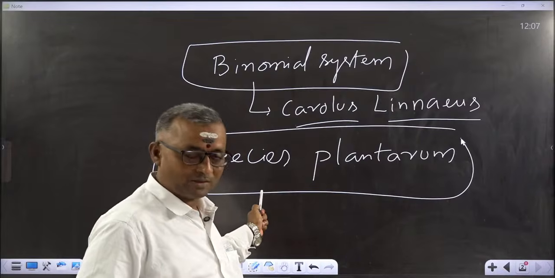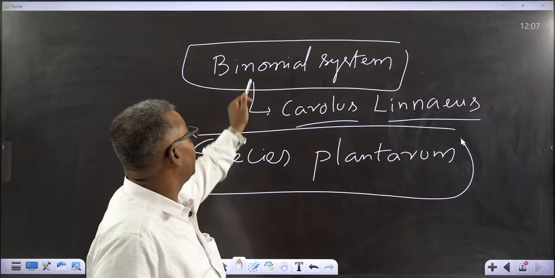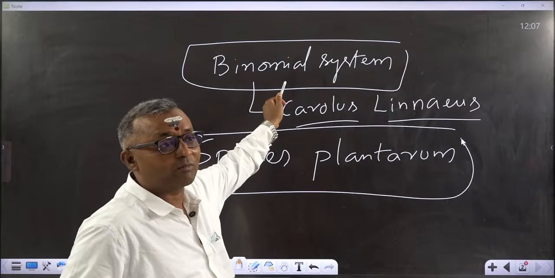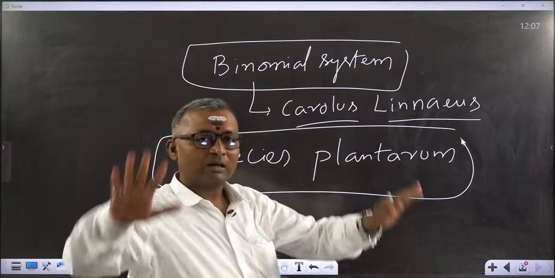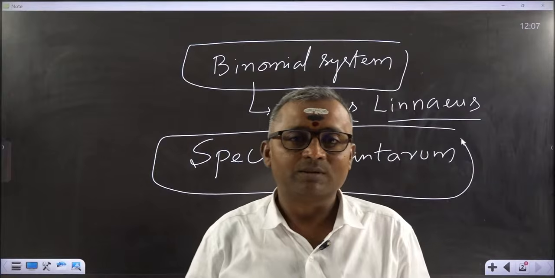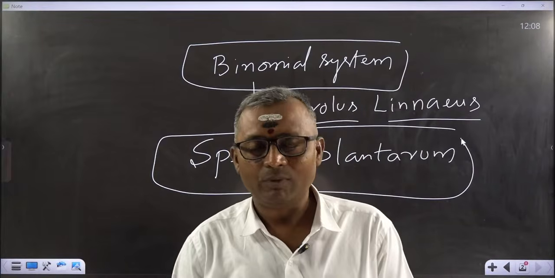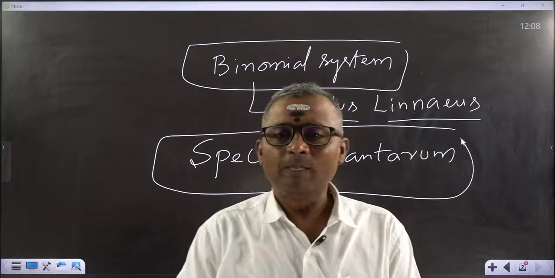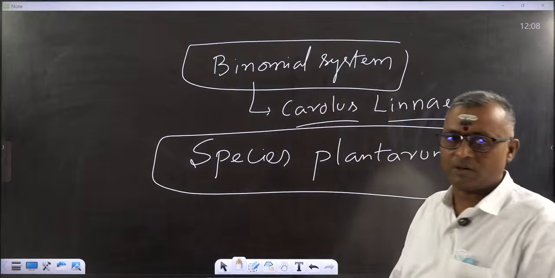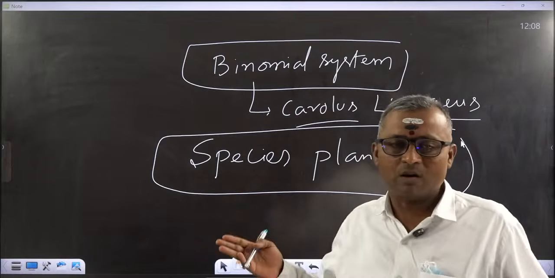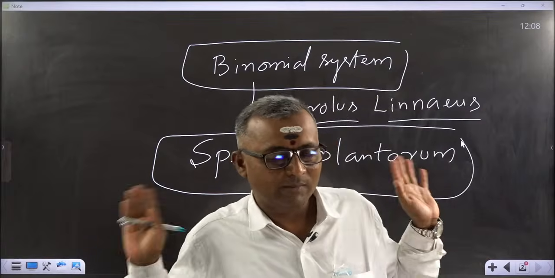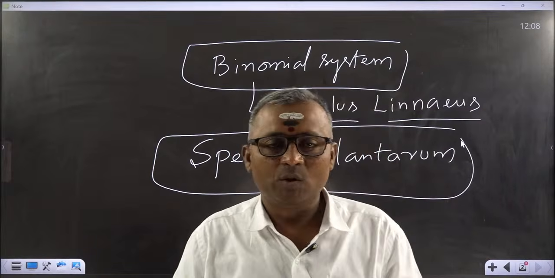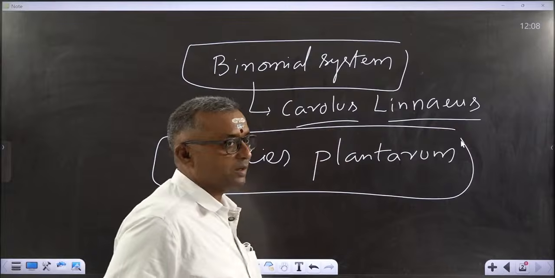Species Plantarum is the one in which he used the binomial system of nomenclature consistently for all the organisms that he classified in it. Of course, Species Plantarum is a most important book. However, in the NCERT book, we don't find any information regarding this book.